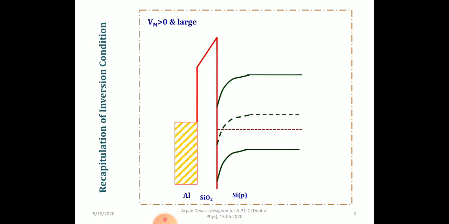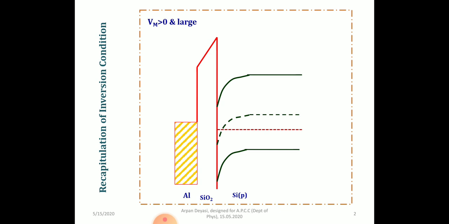So for an n layer, if we move vertically downwards after the conduction band, there will be the extrinsic Fermi level, then the intrinsic Fermi level, and then the valence band. That concept is depicted in the region very close to the insulator semiconductor interface, and that's why it is called the region of inversion.